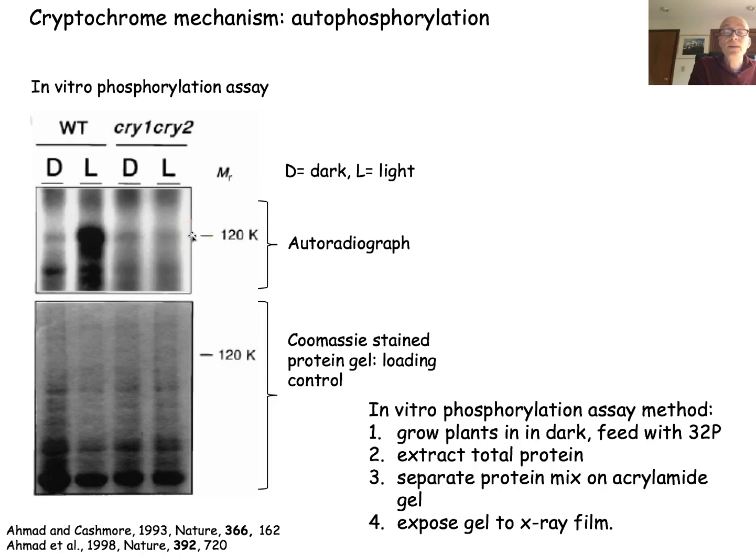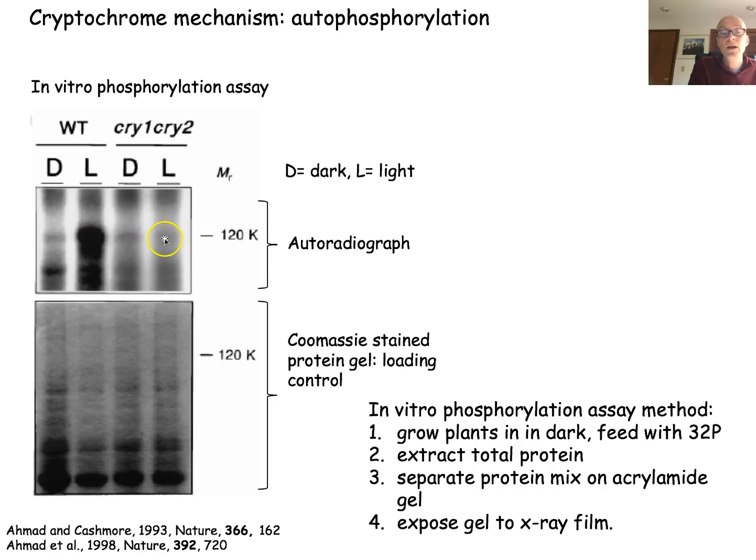The only other thing that's different between these two lanes is whether or not they were exposed to light. And so in the wild type, this particular protein becomes phosphorylated. In the mutant, that place here is not active. The protein may be there, but it's not functional. It does not autophosphorylate.